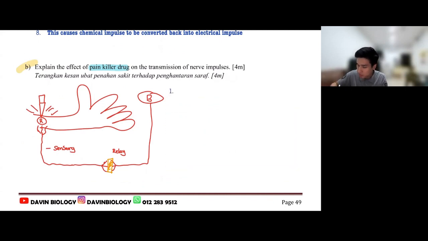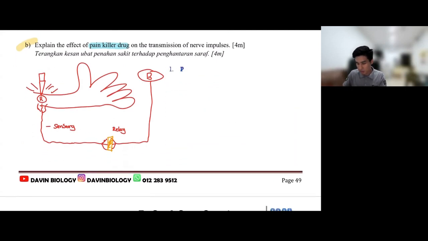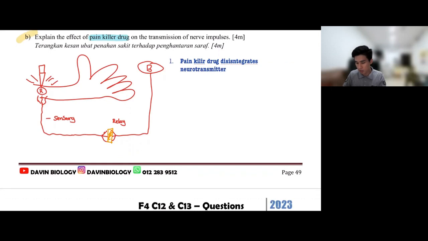Say the painkiller drug disintegrates neurotransmitter which carries pain signal.